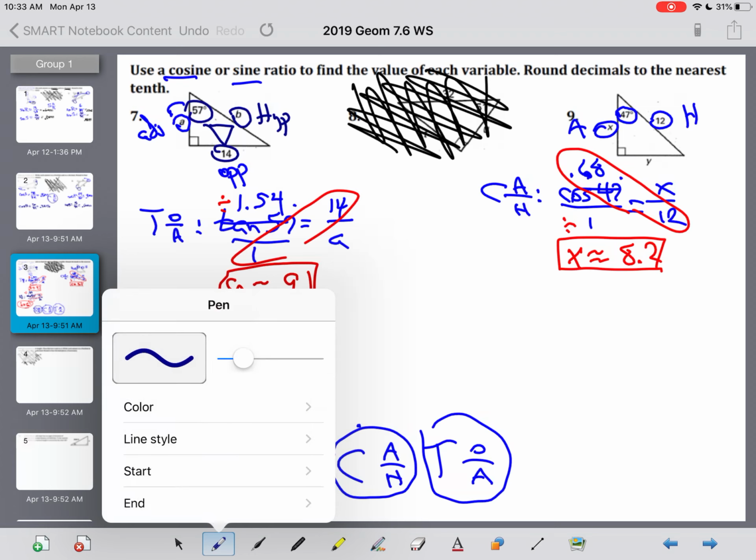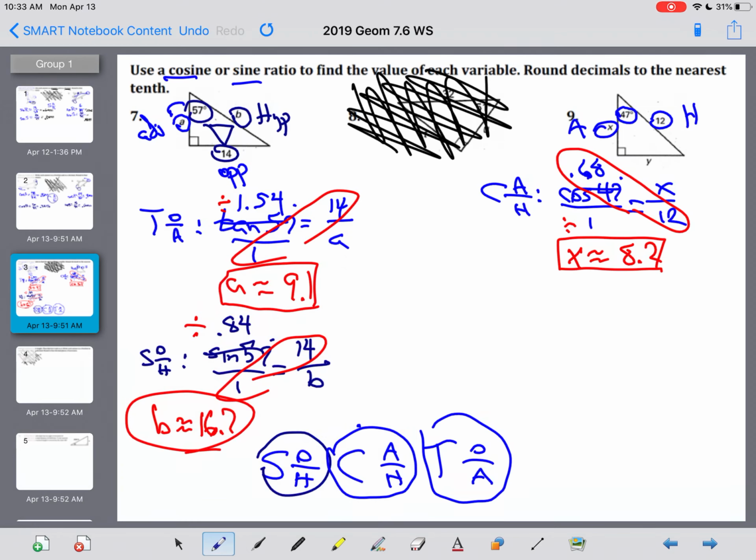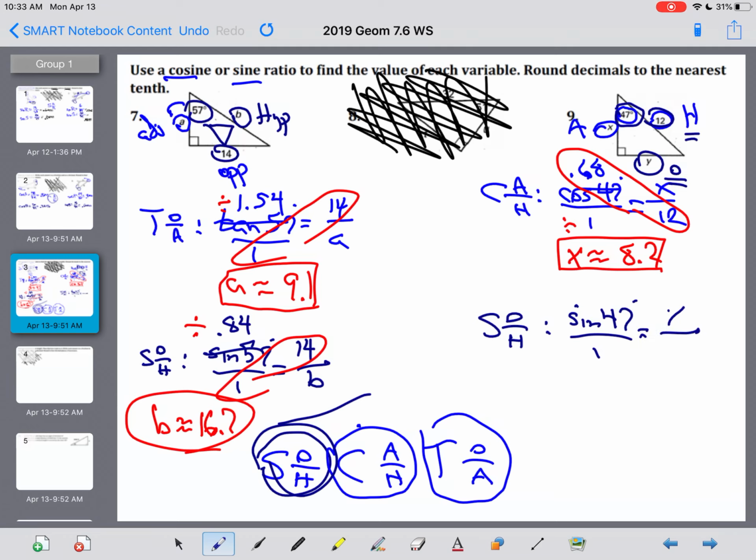Switching colors here, taking a look at finding y. So again, we're using this, this, and this. And now this is my opposite with hypotenuse. Opposite with hypotenuse is going to be sine. So I'm going to say the sine of 47 degrees over 1 equals y over 12.